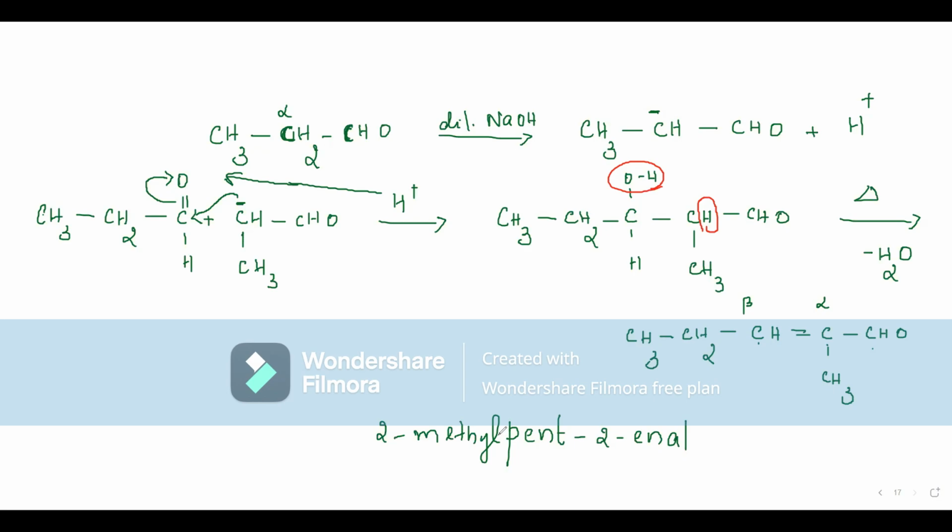Now, generally questions on crossed aldol condensation are not asked in the board examination, but the point to be noted is that there are 4 products that you get in crossed aldol condensation. So that is all about aldol condensation. We have learned this with mechanism.